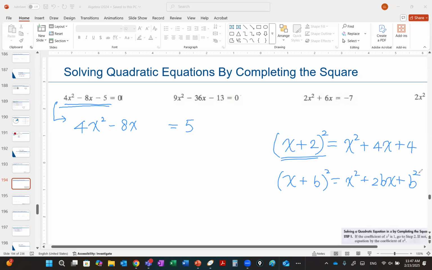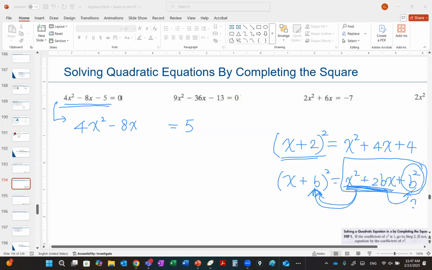All right. So if I only told you these two terms, find the third term and then make it a perfect square. Just like I have given you these two terms, I need you to find the third term and then use these three terms to become a perfect square.